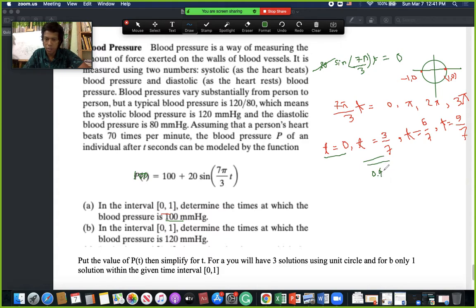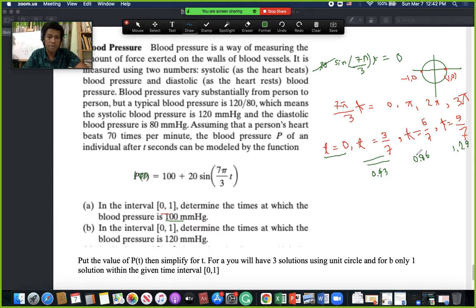Then this is 6 by 7, which is 0.86. And this is 9 by 7, which is 1.29.